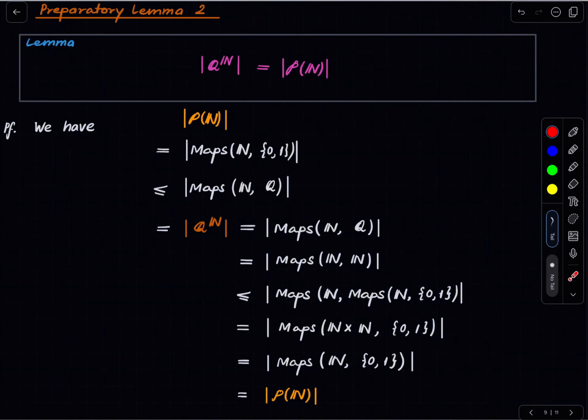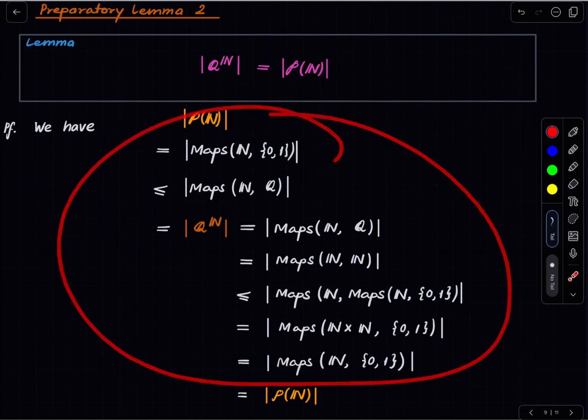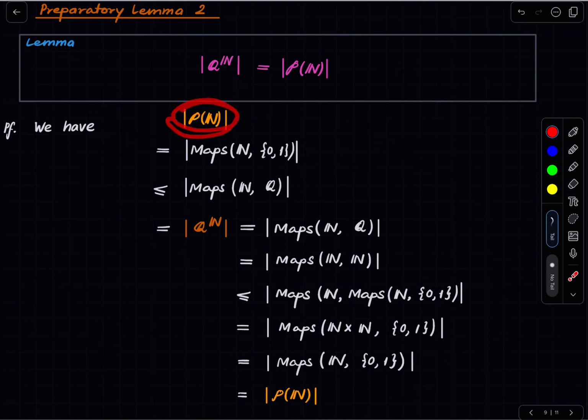Preparatory lemma 2 is that the cardinality of this, meaning all rational sequences, is same as the power set of n. Okay, why is that? So I've written down a proof, let me just read it out. We start with the power set of n, or the cardinality of it. It is same as the cardinality of that set because there is a natural bijection between this set and the power set of n.